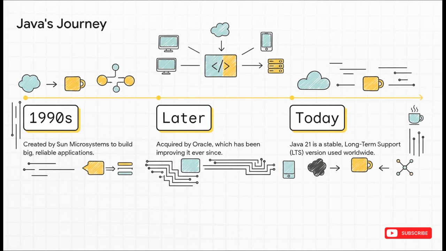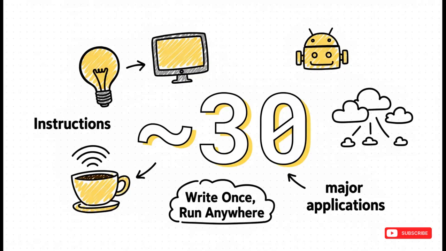That means it's built specifically for the kind of stability and reliability that huge companies trust for their most critical systems. And get this, for nearly 30 years, Java has stayed one of the most popular and widely used programming languages on the entire planet. Just stop and think about how much technology has changed in that time. I mean, that kind of longevity is almost unheard of, and it really speaks volumes about just how solid its design is.